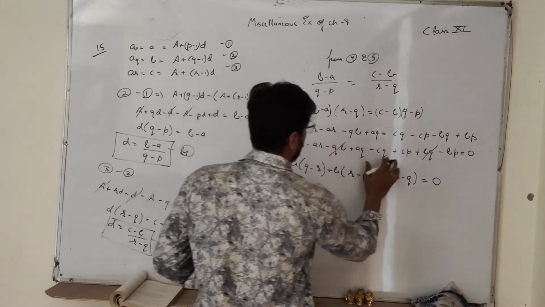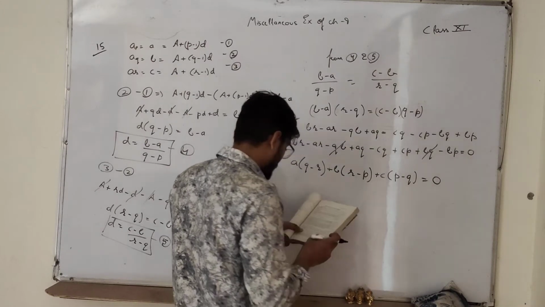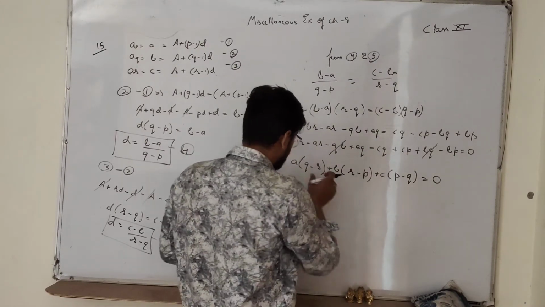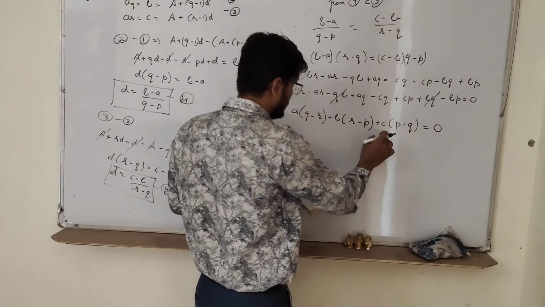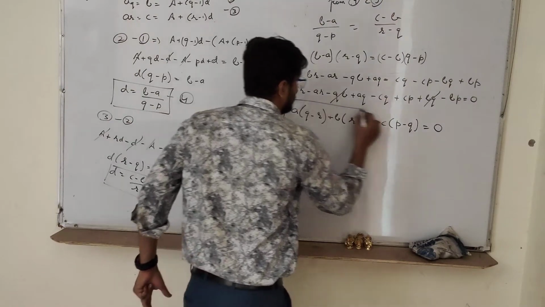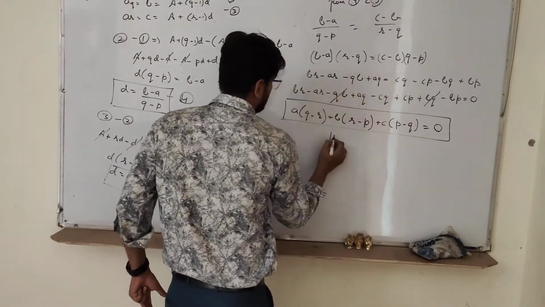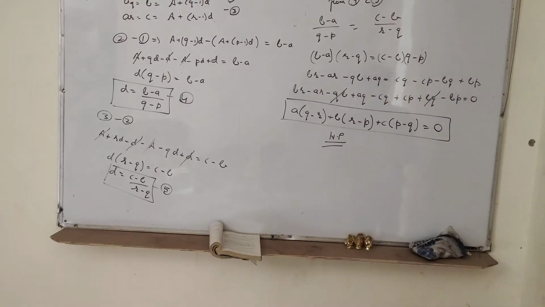There were six terms in all. What we have to show is the same: (Q minus R) times A, (R minus P) times B, and (P minus Q) times C is equal to 0. So this we have shown. Hence proved. Please pause the video and note it down.